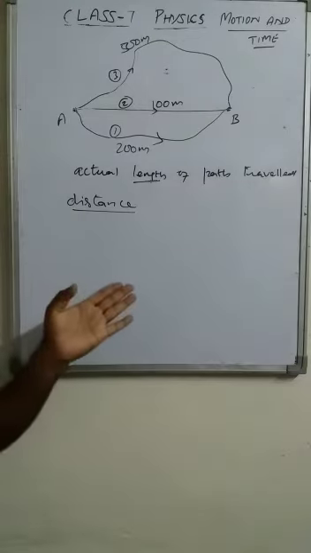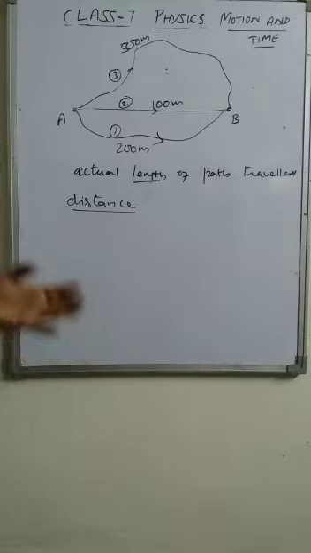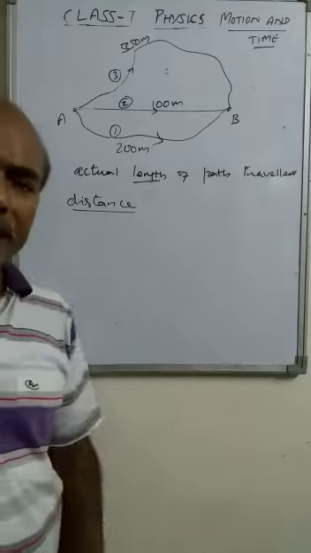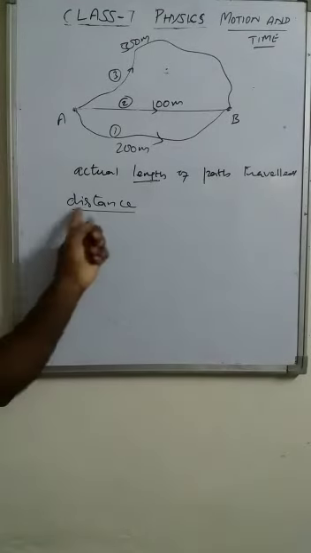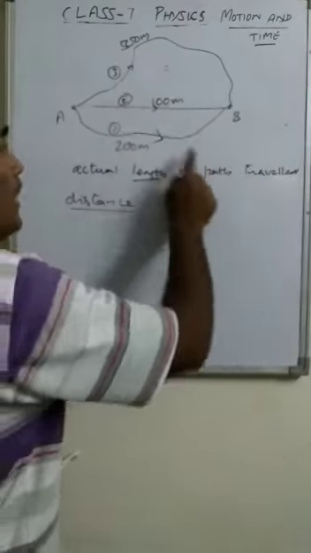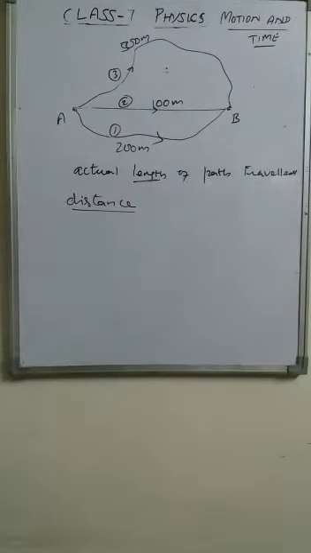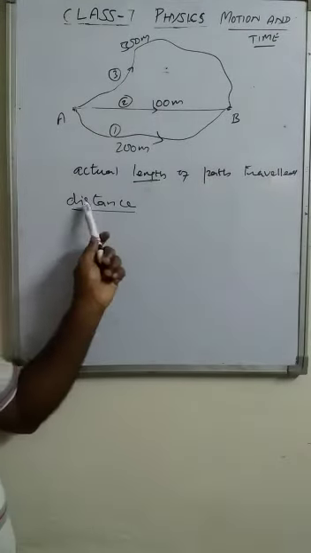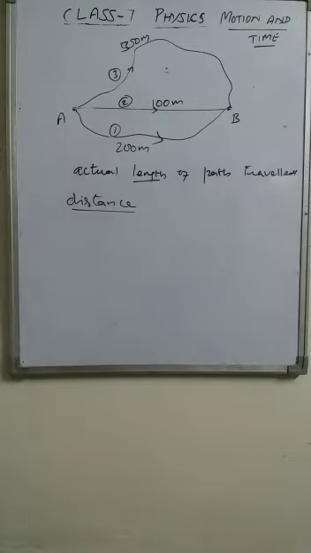You will discuss this distance more and more in this year, in class 9th and in the higher classes. You will come to know many things about this distance. So distance is the actual length of path traveled by an object between two points, irrespective of direction. That is known as distance.